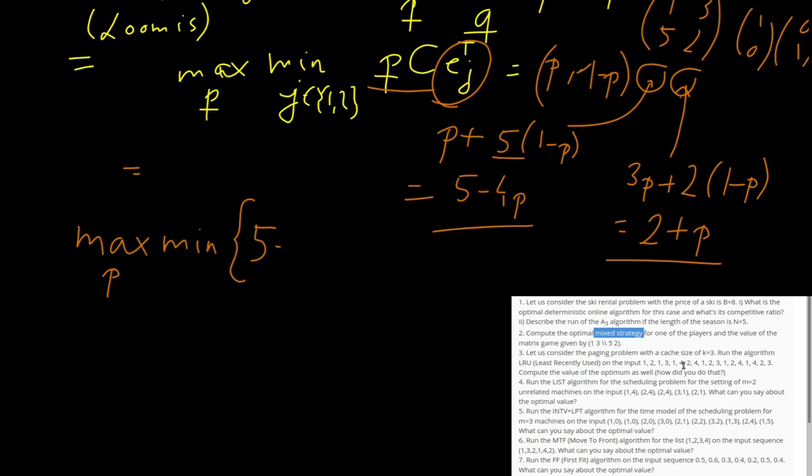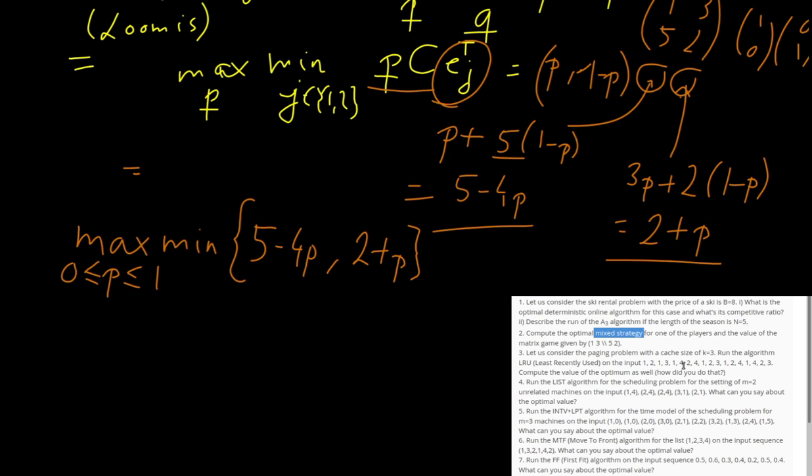So it's 5 minus 4p or 2 plus p. And of course p here is a probability, so it is always between 0 and 1.